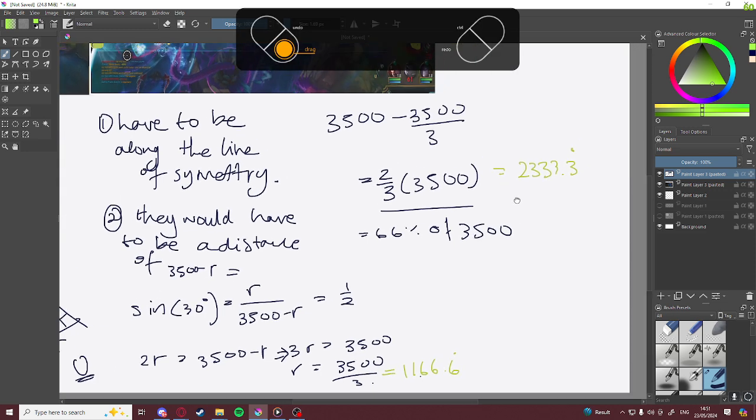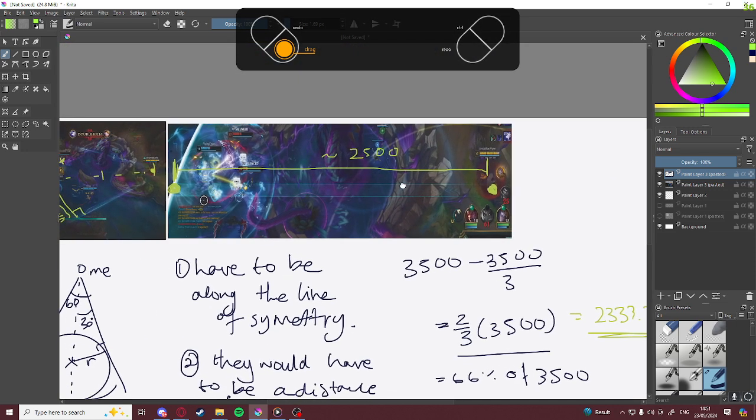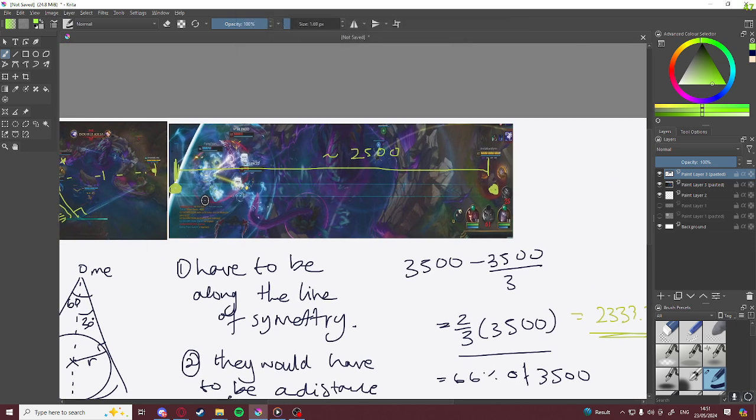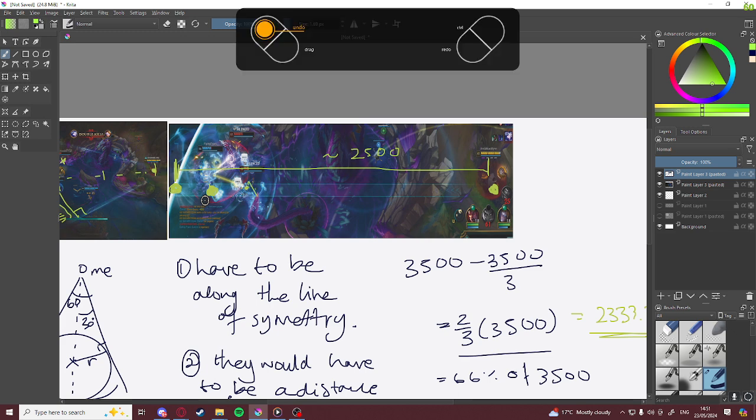So that's my optimum distance. And as a reference point, it should be slightly less than it. So it should be approximately here, I think. It does seem like they are slightly before that, but it's okay.